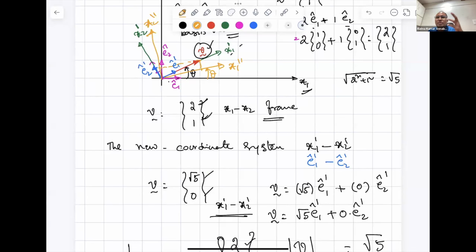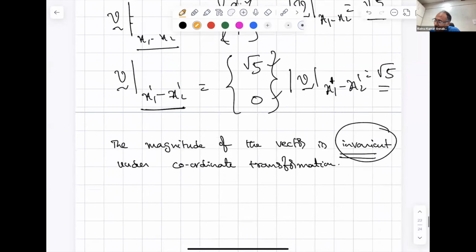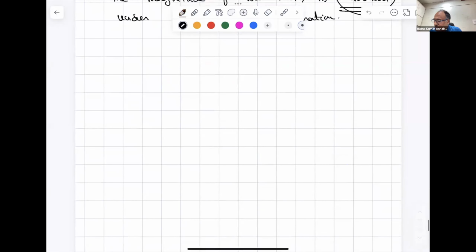Depending on the choice of my frame of reference, the elements of the vector will change, but in all cases the magnitude remains the same. Understood? Since the magnitude does not change under coordinate transformation, that is what is called an invariant of a vector quantity.